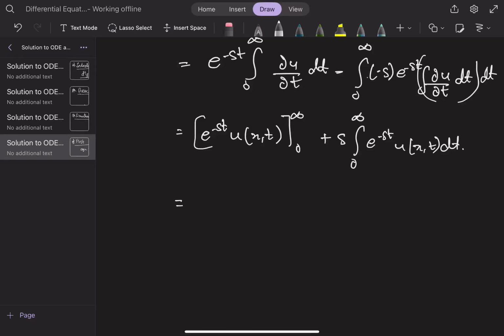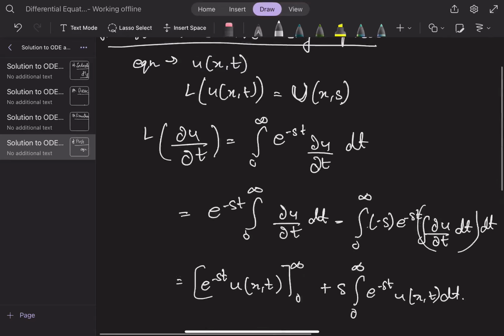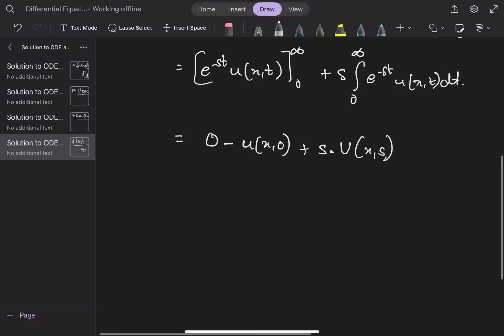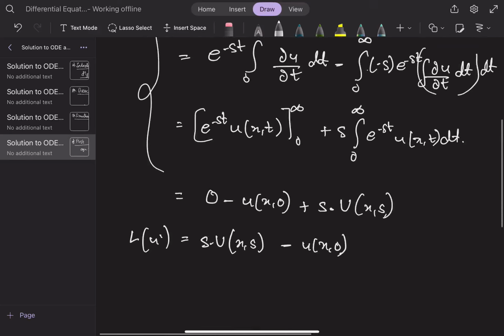So you will get 0 minus u of x,0 plus s times U of x,s. So this is your Laplace of del u by del t, which I will write as Laplace of u dash. It is s multiplied by U of x,s minus u of x comma 0. You do not need to remember all of this, just remember this formula.